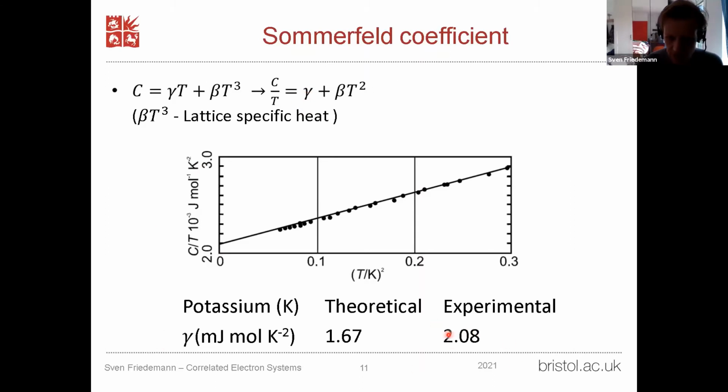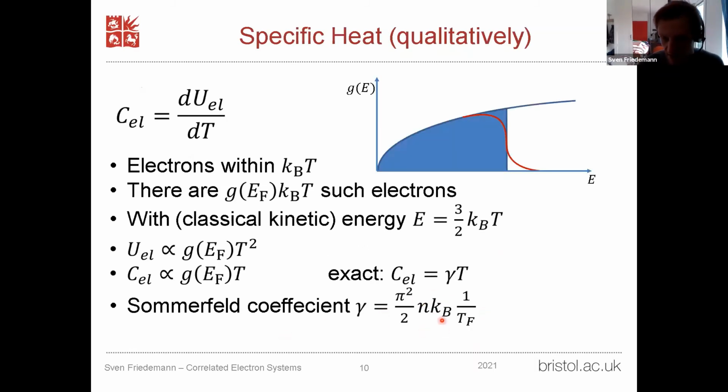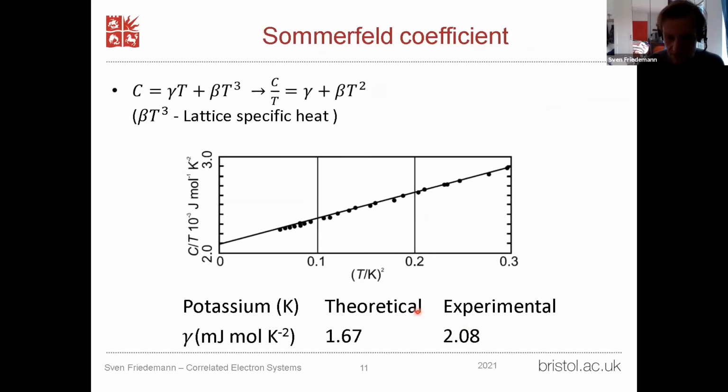The experimental value here is 2.08, and if you look at potassium, you assume that you've got, I think, 1 electron per atom that's freed up. You can measure the density, you know the atomic weight of potassium, so you can calculate the number density of potassium atoms in there. And if you then make the assumption it's 1 electron per potassium, you've got the electron density, and hence you can take this expression to compute the expected Sommerfeld coefficient, and the theoretical value you get this way is 1.67.